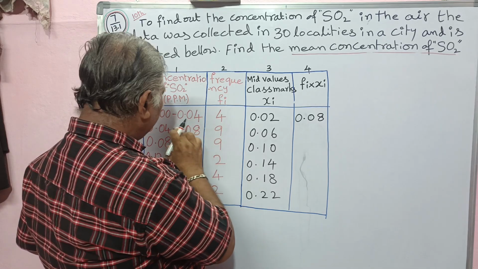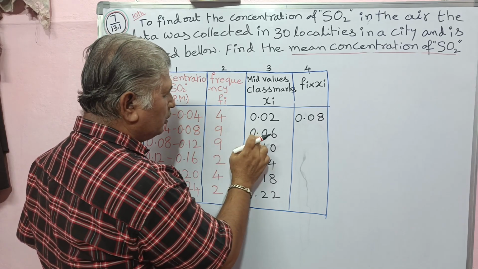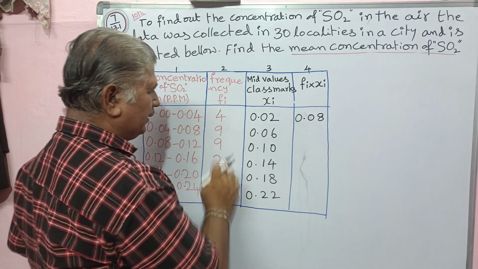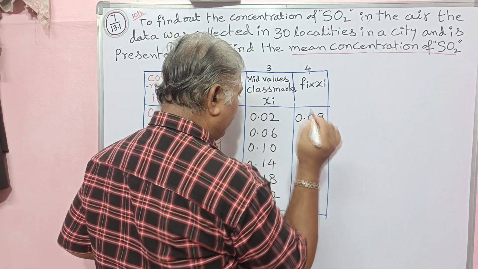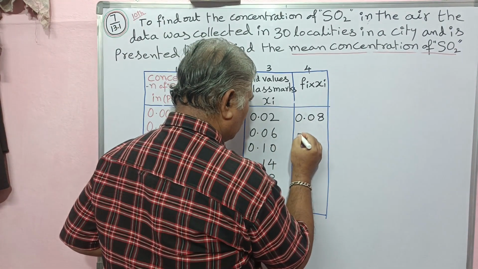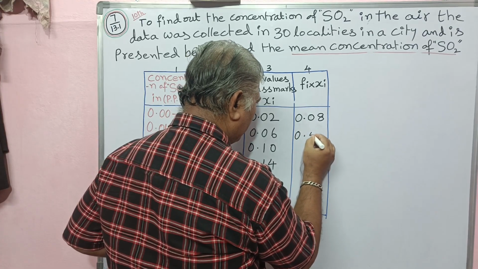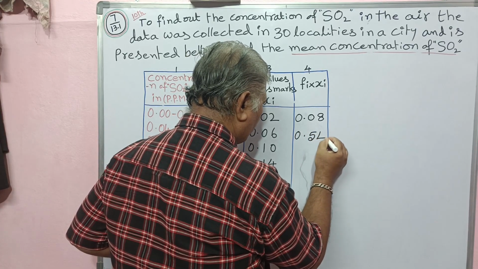Next, the second class, 9 into 0.06. 9 sixes are 54. So 0.54.